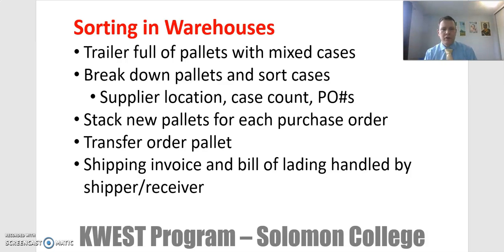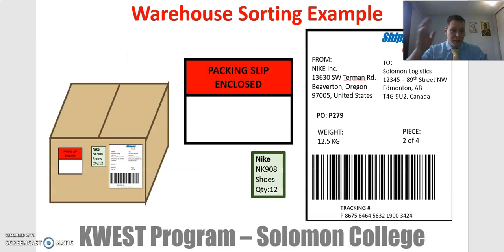So first you will check your bill of lading to ensure that you have the correct number of pallets from the right supplier. And after all discrepancies have been handled, the next thing you do is you sort all of those cases on each pallet. Now, to successfully complete this task, you will need to look at a few things on each case.